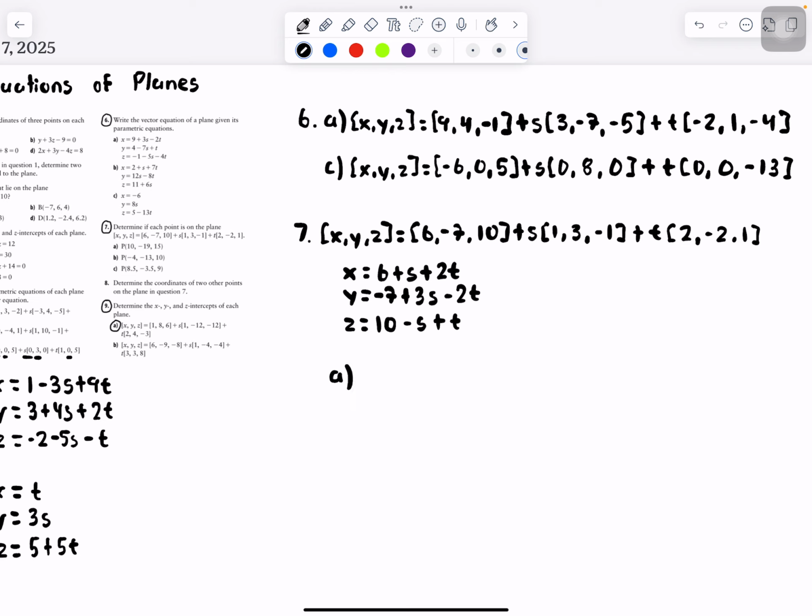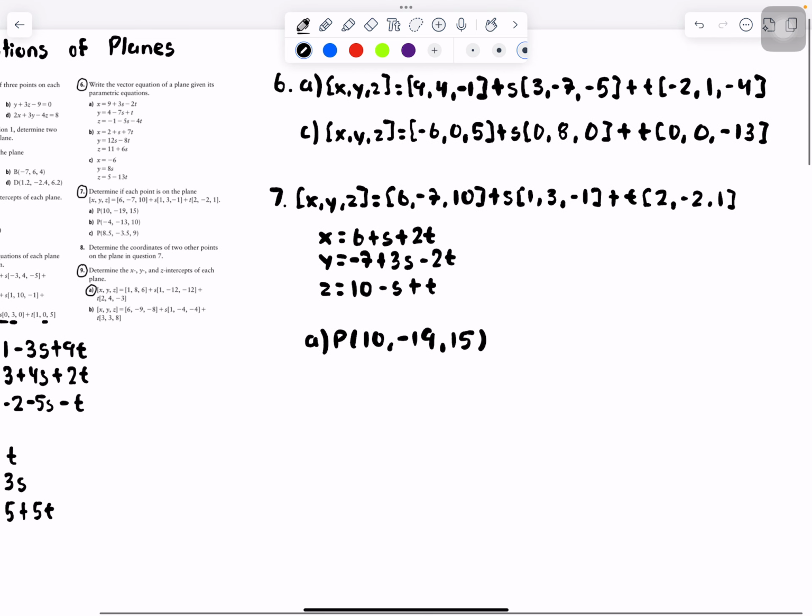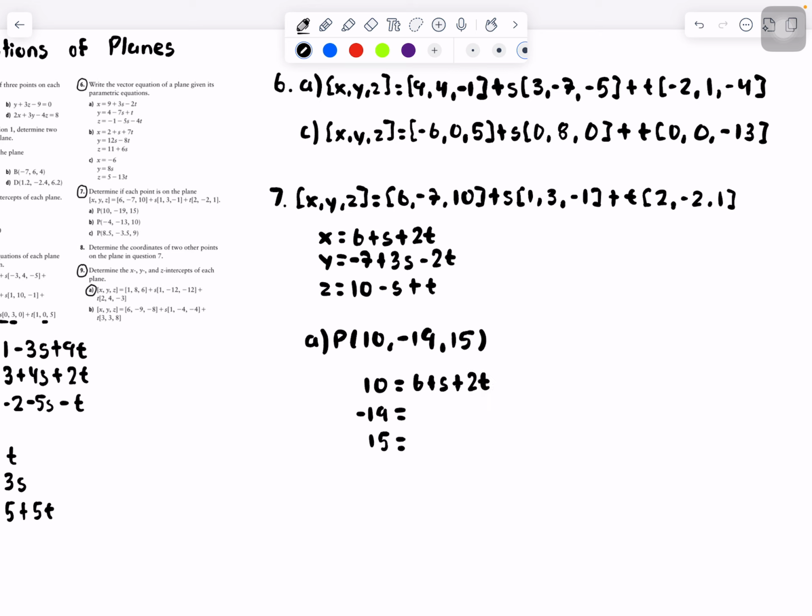So the first problem is asking if the point 10, -19, 15 lies on the plane. All right, so let's sub the corresponding components of our point into our parametric equations. So we have 10, -19, 15 equal to 6 plus s plus 2t, -7 plus 3s minus 2t, and 10 minus s plus t.